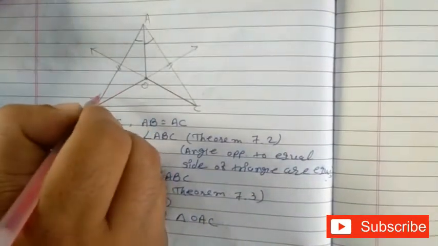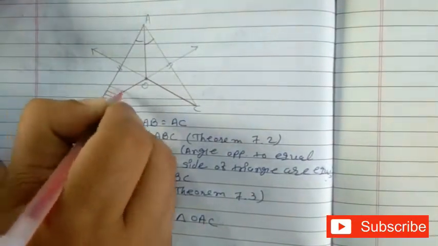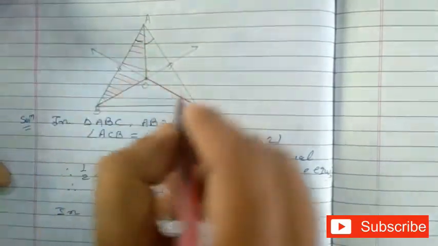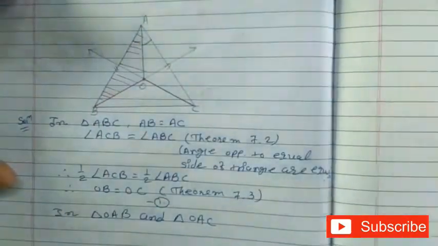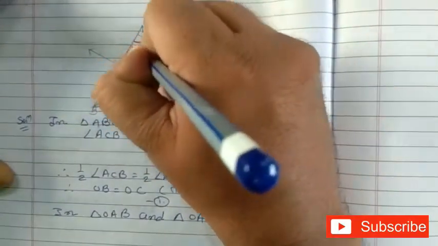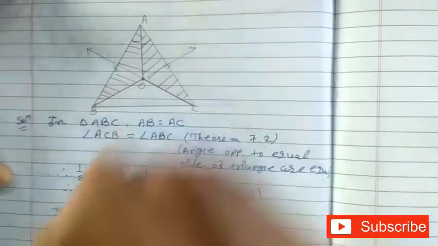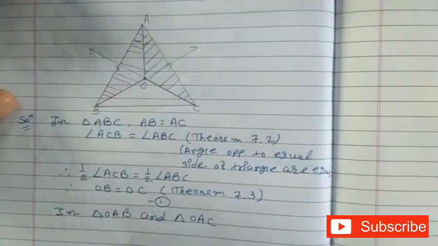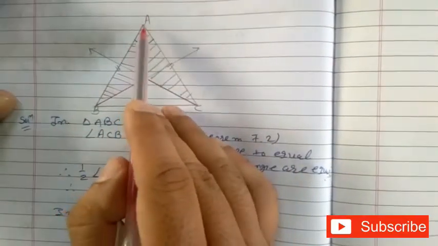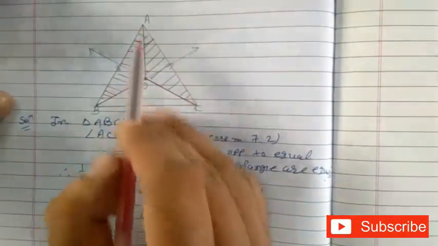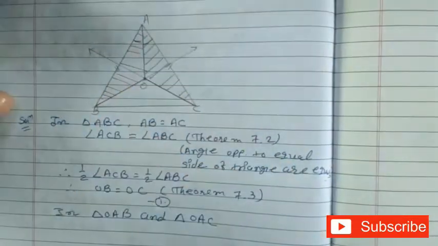Look here. Now we are talking about this triangle OAB and another triangle like this, OAC. So in this question we can see that this AO is common. AO is common for triangles OAB and OAC.